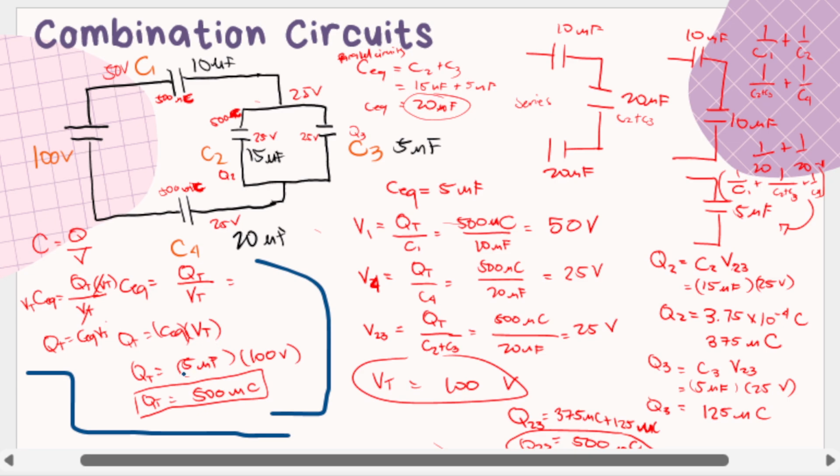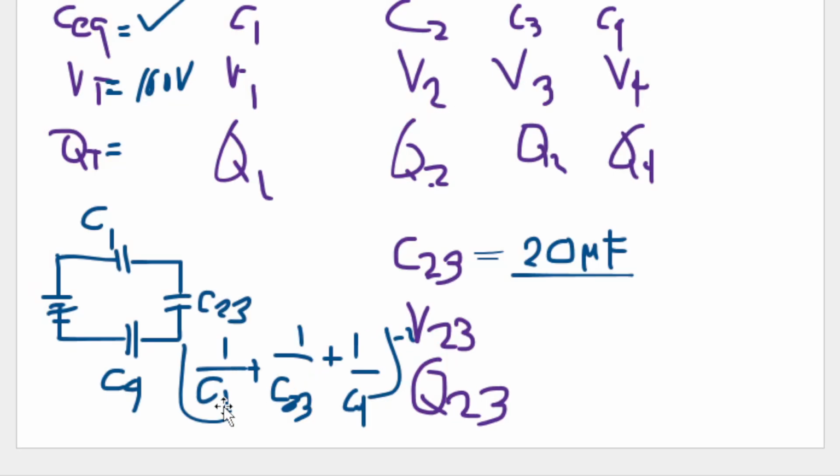So that is 5 microfarad. Where did the 5 microfarad come from, ma'am? That is the CEQ that you combine: 1 over C1, 1 over C23, and 1 over C4.